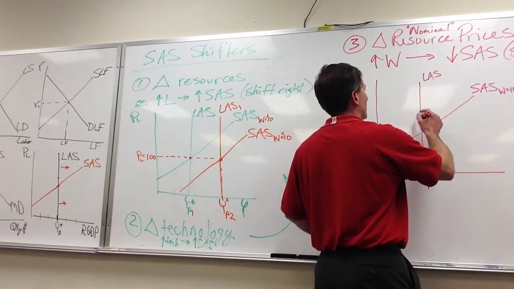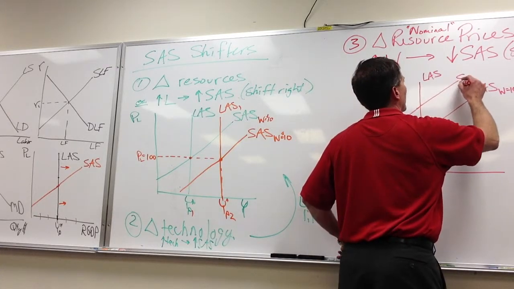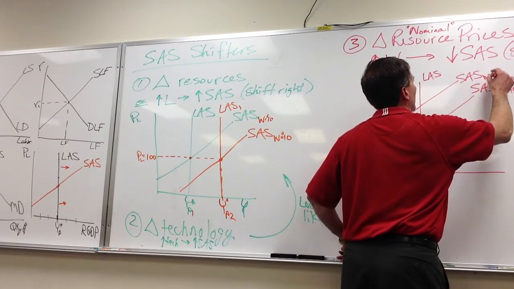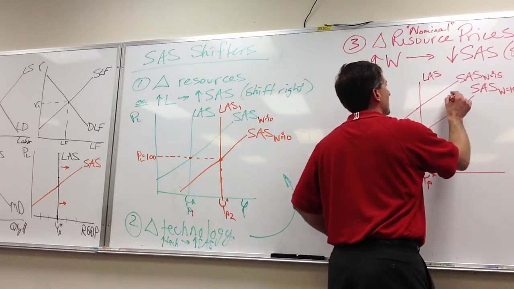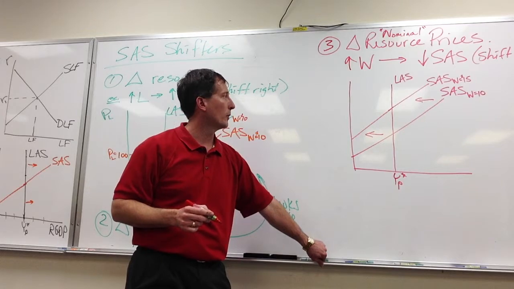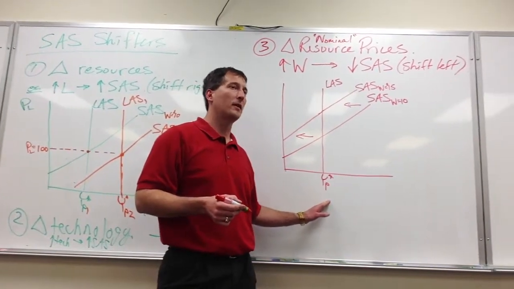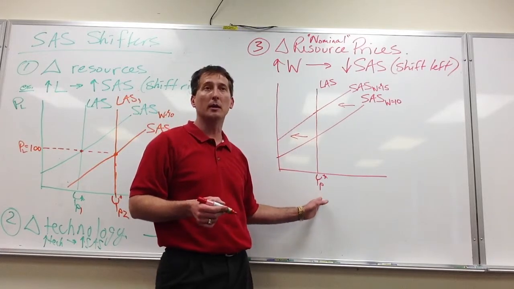Pretty big jump in wages. The short run aggregate supply curve at $15 lies to the left of where it was. But that in and of itself doesn't change our long run potential.